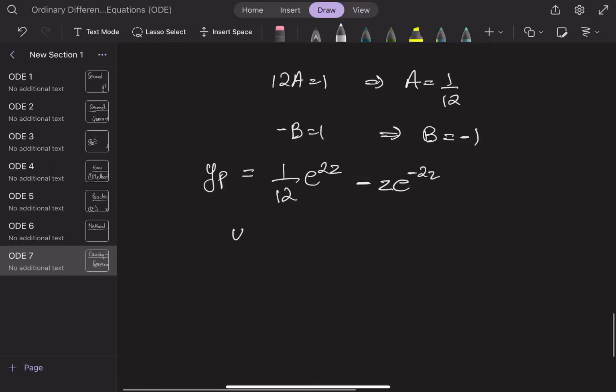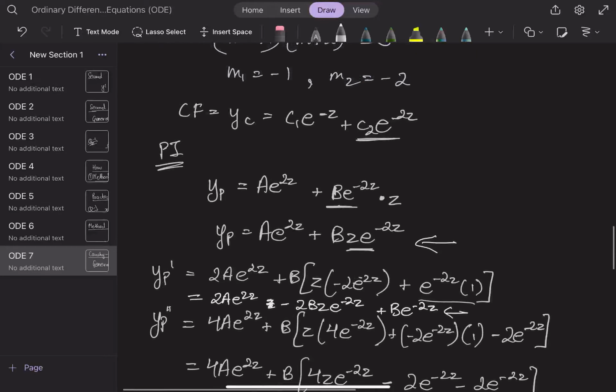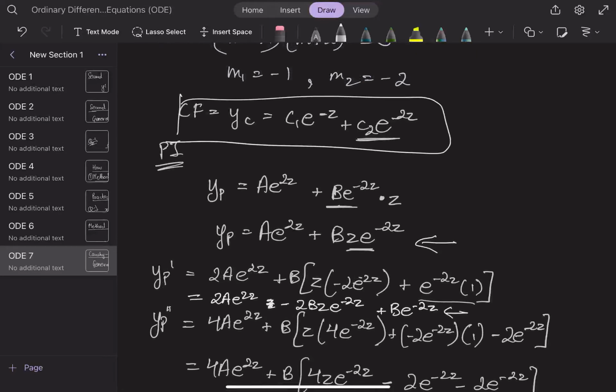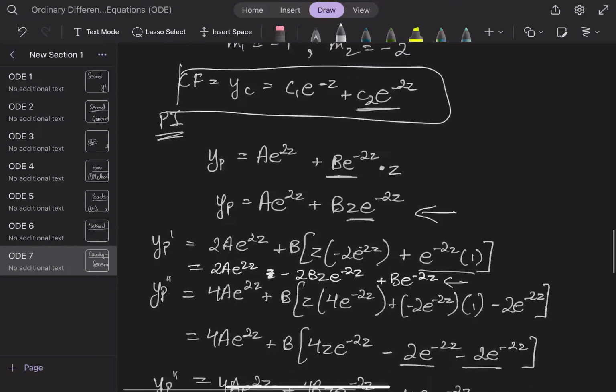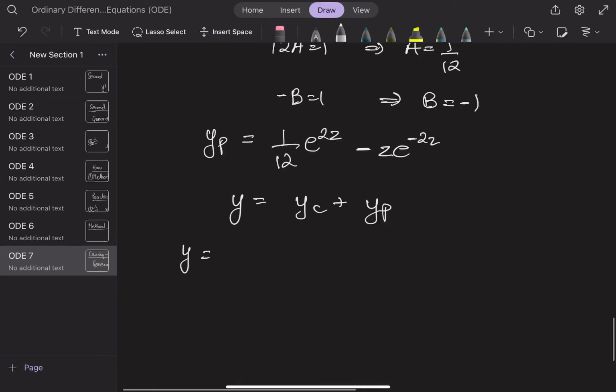So your final y will be yc plus yp. Your yc was calculated as this. So y is equal to c1 e raised to minus z plus c2 e raised to minus 2z plus 1 by 12 e raised to 2z minus z e raised to minus 2z.